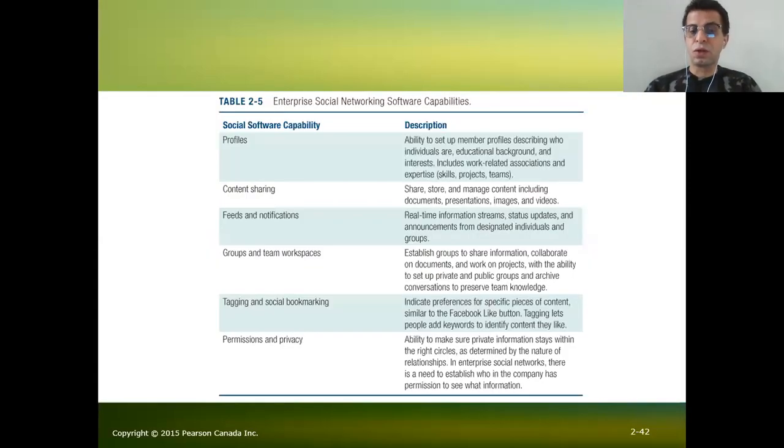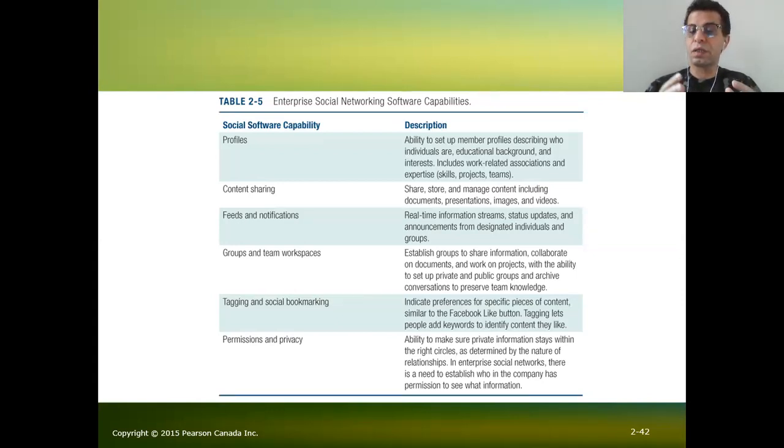The social software capabilities usually let you put in your profile, so that if I'm talking to person X, I understand his capabilities, his ability, and whether he can help me in my task or not. So the profile can be very important. With content sharing, we can have content and search the feeds and notifications.